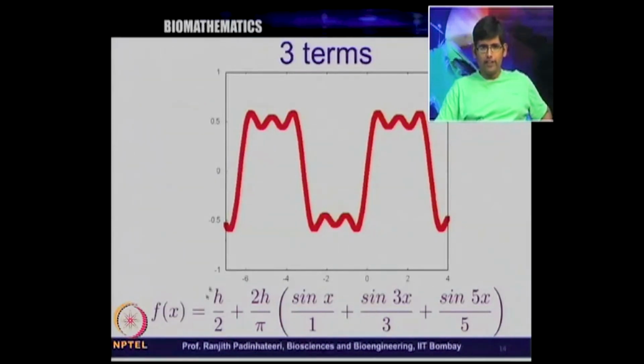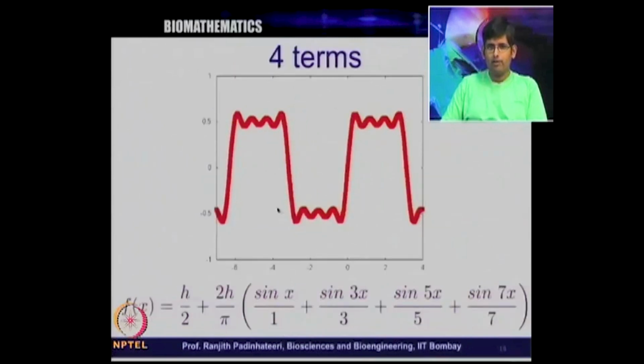So, the f of x of this is essentially h by 2 plus 2h by pi times sin 1x by 1 plus sin 3x by 3 plus sin 5x by 5. You can see that this interesting combination of sines gives you a very interesting function, which is not very easy to intuitively think that you will get.